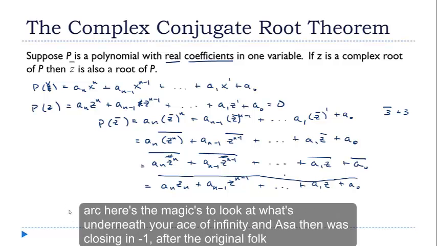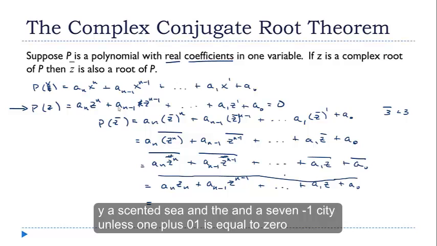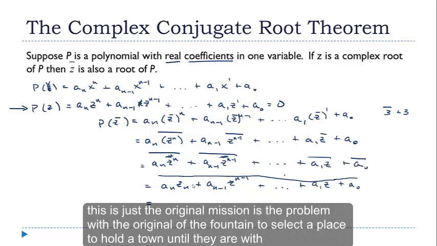Now here's the magic step. Look at what's underneath here. a_n z to the n, a_(n minus 1) z to the n minus 1. Come back up here to our original assumption, right? a_n z to the n, a_(n minus 1) z to the n minus 1, plus so on, is equal to 0. This is just the polynomial with the original z substituted into it.